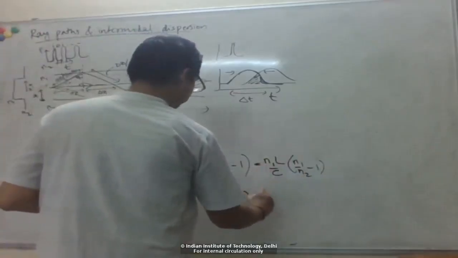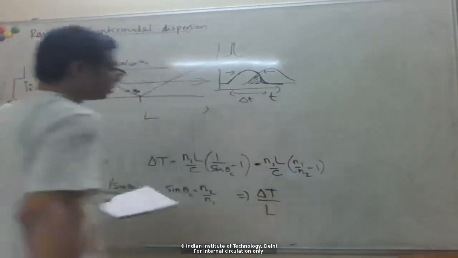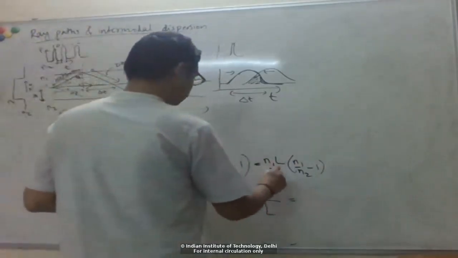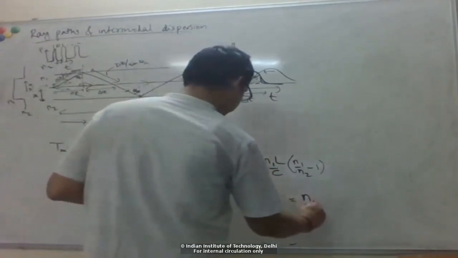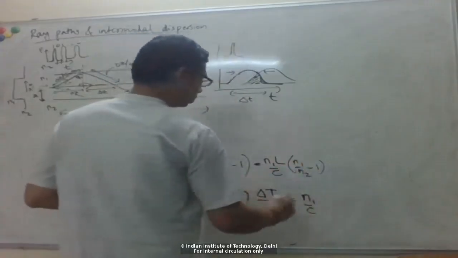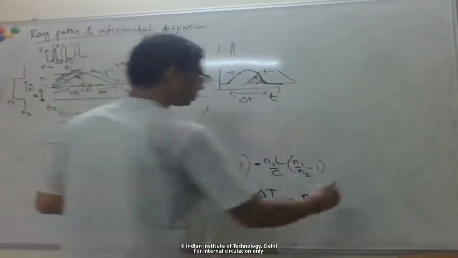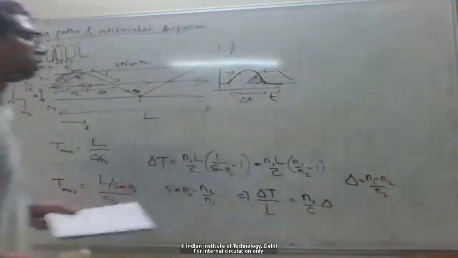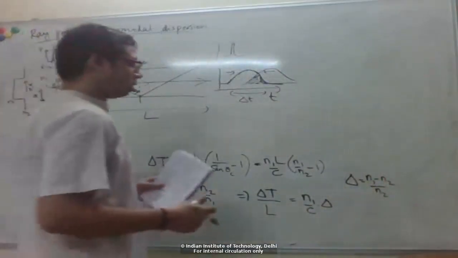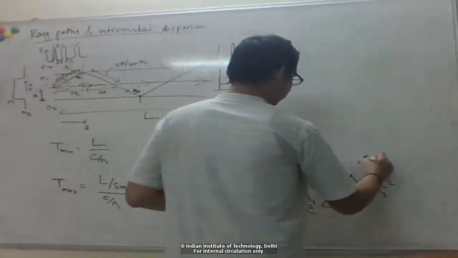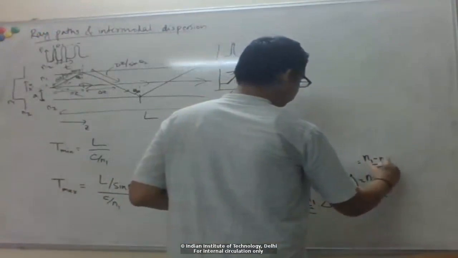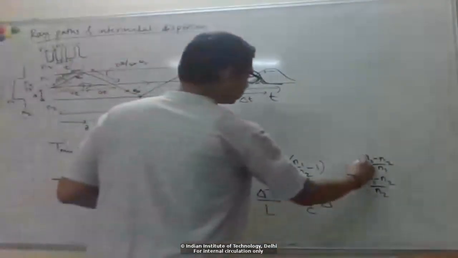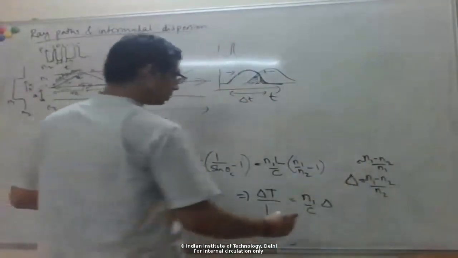Typically this is written by looking at the broadening per unit length, delta t over L, which is n1 over c times n1 minus n2 by n2. That is denoted as delta. This delta is the normalized refractive index difference between the core and cladding. Sometimes it's defined slightly differently, but n1 and n2 are quite close for optical fibers, so either of these is good.